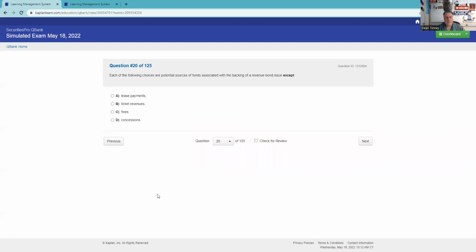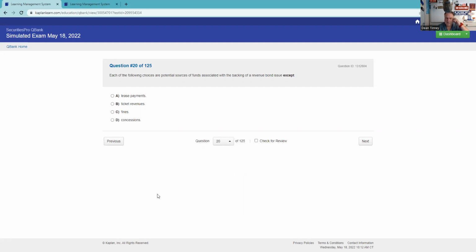Each of the following choices are potential sources of funds associated with the backing of a revenue bond, except. So our choices are lease payments, ticket revenues, fines, and concessions.